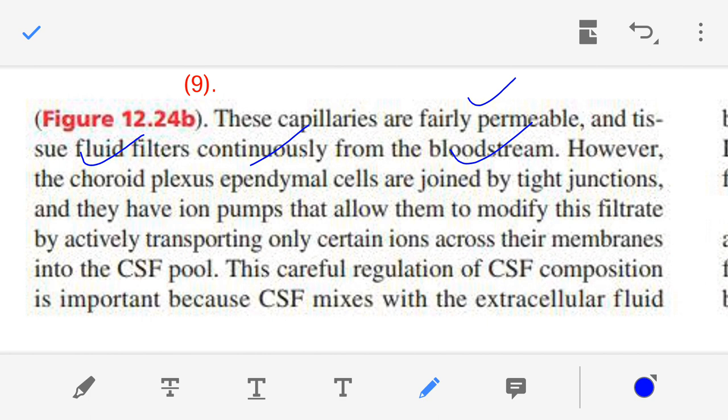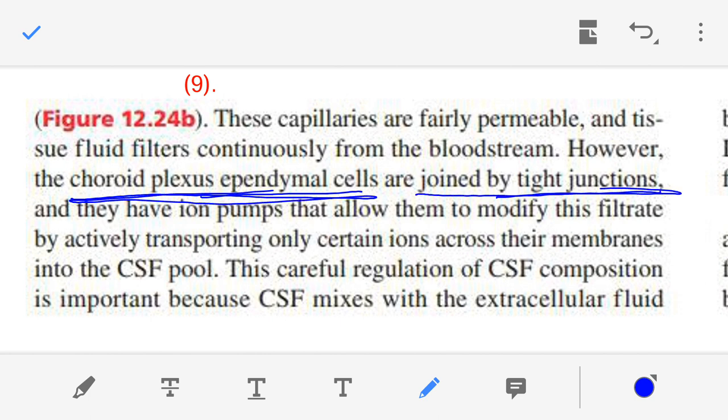Now between the ependymal cells, tight junctions are present. So the ependymal cells of choroid plexus are joined to each other by tight junctions.